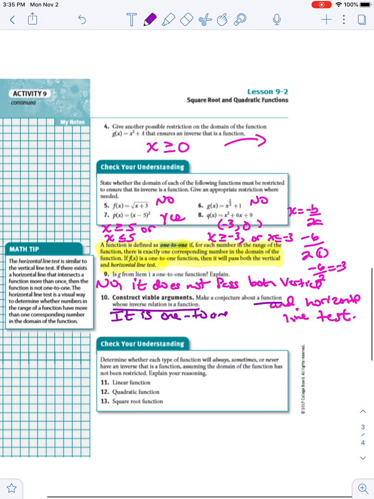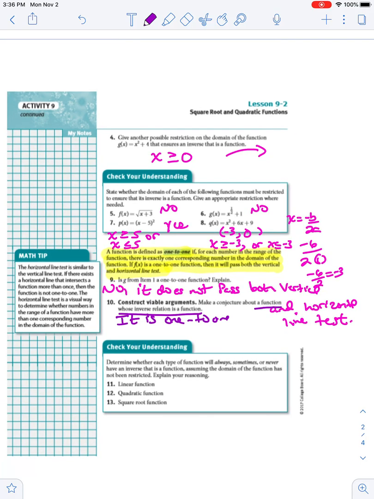Okay, so let's talk about a couple of functions here that we know. It says determine whether each type of function will always, sometimes, or never have an inverse that is a function, assuming the domain of the function has not been restricted. So for linear functions, it will always have their inverses also being functions.